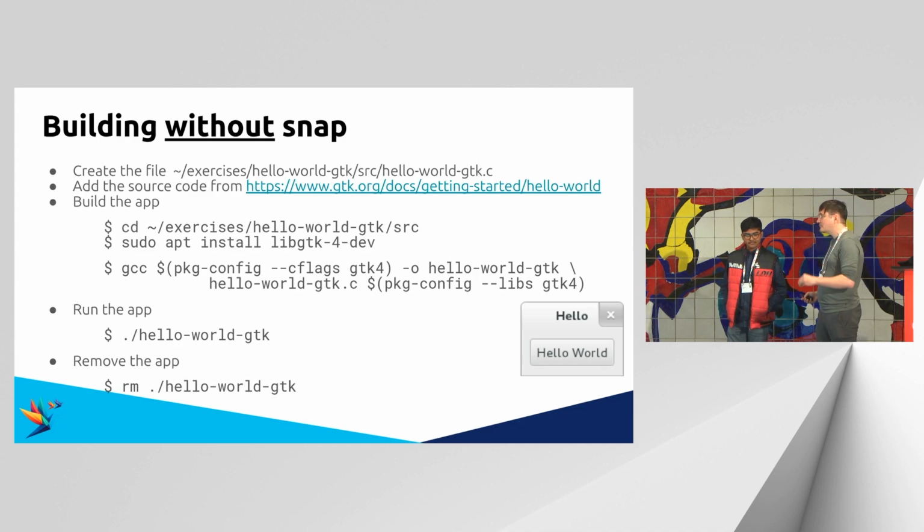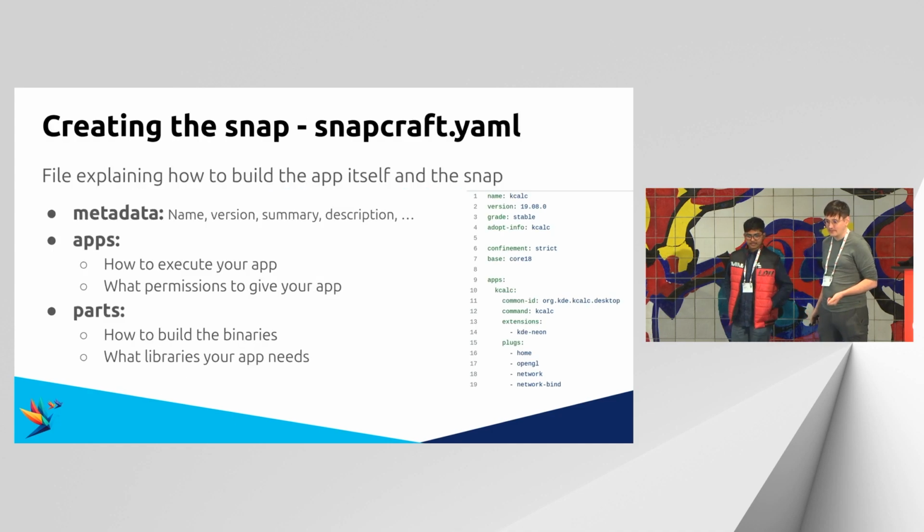It's important to remember this because you will need all this information in order to create the snap of your application. Creating a snap is done by creating a snapcraft.yaml file. This file explains both how to build the application itself, so how to compile it, and then how to create the snap.